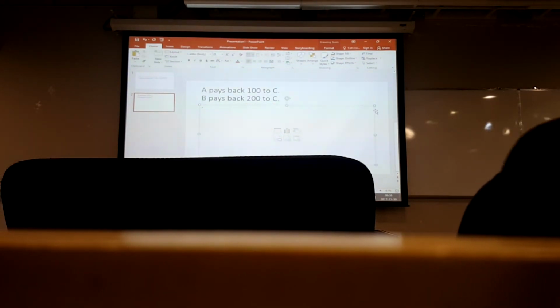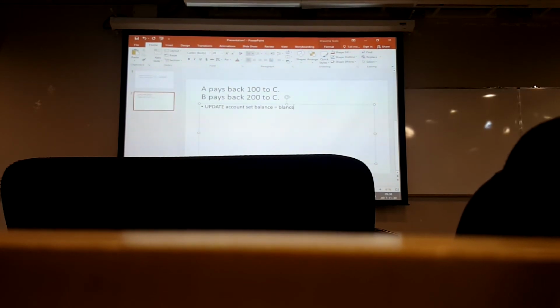So you will try to say update account set balance equal to balance plus 100 where account number equals C, something like that. This is only pseudocode.